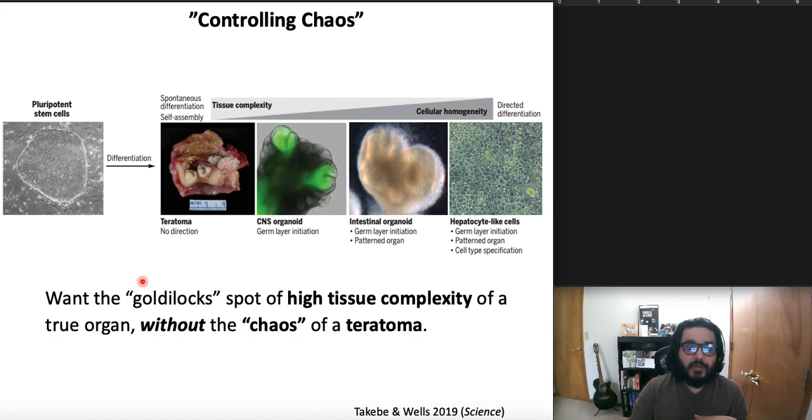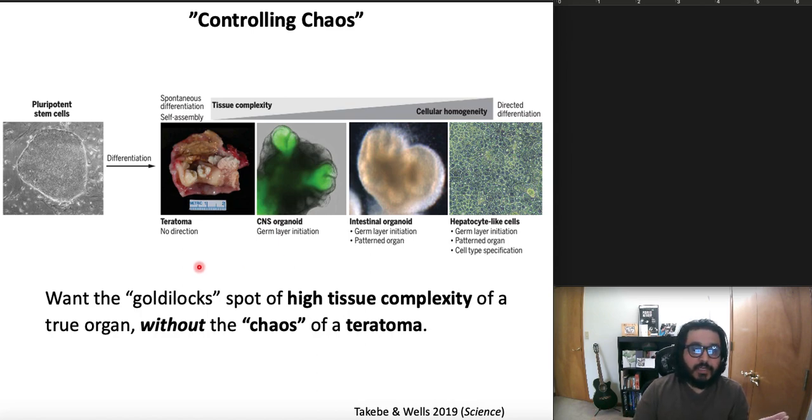So what I like to call the key driver in this research now is the level of chaos that you're able to control, because if left to itself, you could get a very chaotic, a very nasty looking organoid or organ structure, and you don't want that. But you still want to have enough complexity, enough intrinsic ability to develop things naturally, where it's actually going to mimic what you want to mimic.